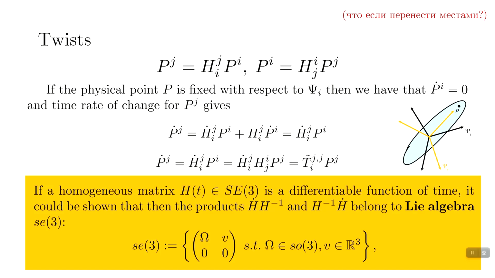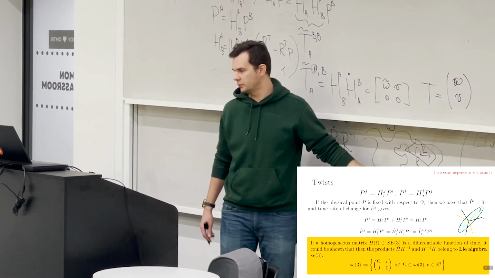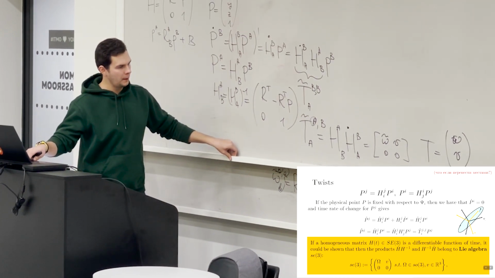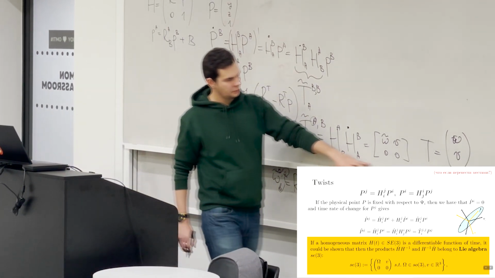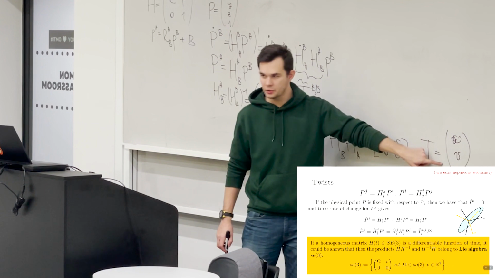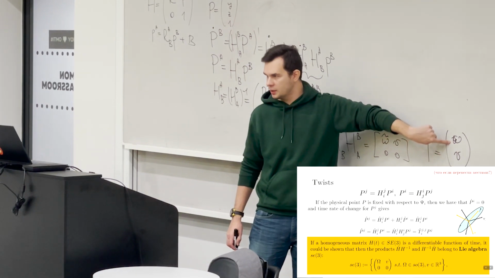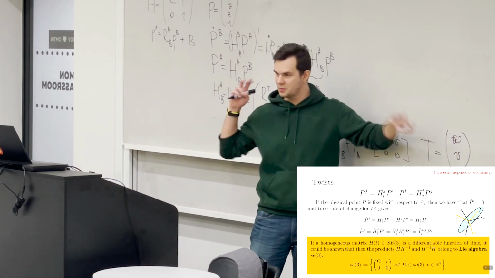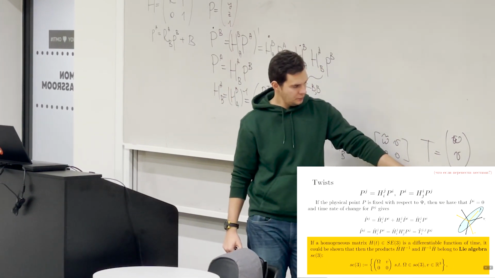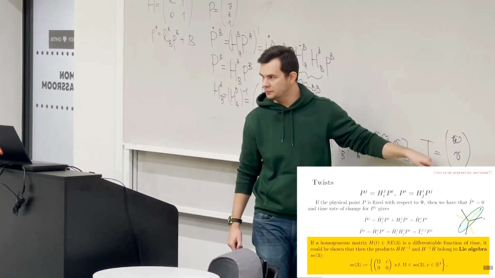So SE3 is this space, but with H as the manifold, not R. Here, if we do the transformation into a vector, it will be 3 entries for the angular velocity and 3 entries for the so-called linear velocity, and we will have 6 numbers in a column, right?